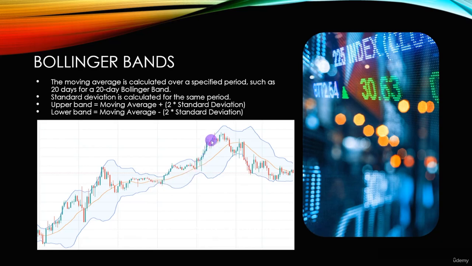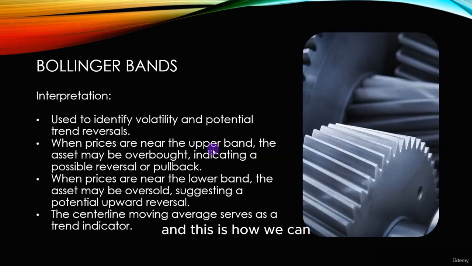So if the price diverges up away from the moving average, we consider that it's going to come back and join it at some point. And this is how we can assess if it's an overbought or an oversold asset.